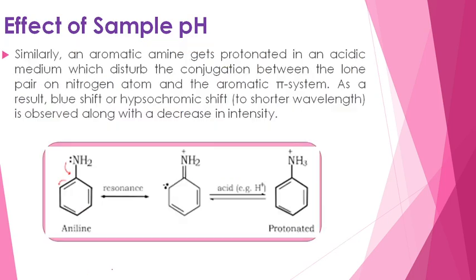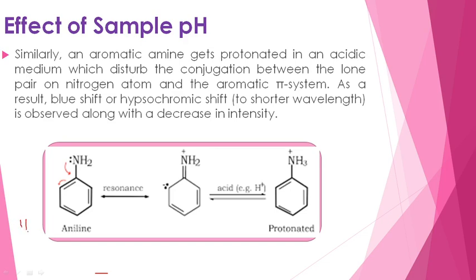Now let us see another example. Here I am taking a basic compound, aniline, which is a base. When aniline is treated with acid, the acid reacts with the base, and again there is the formation of a salt. The base will show a pH of about 11 to 12.